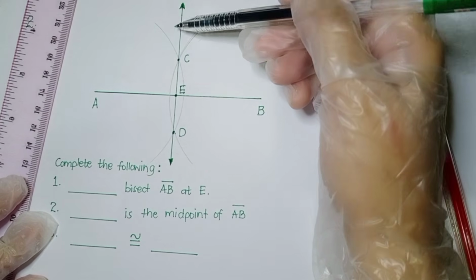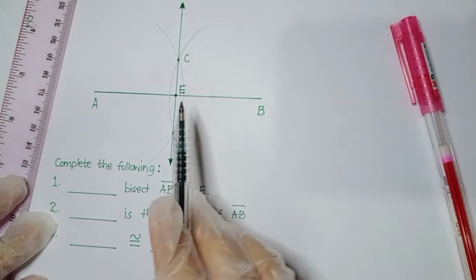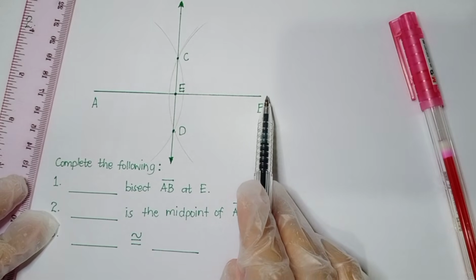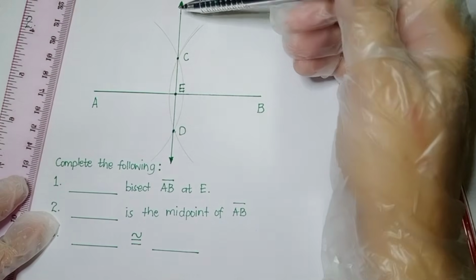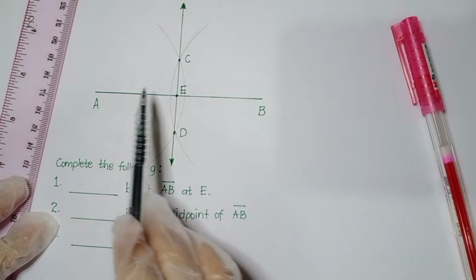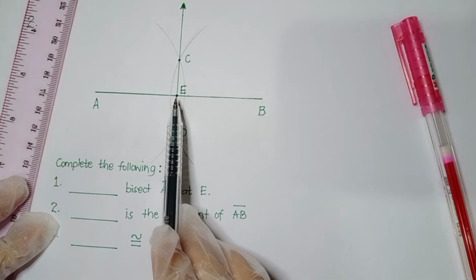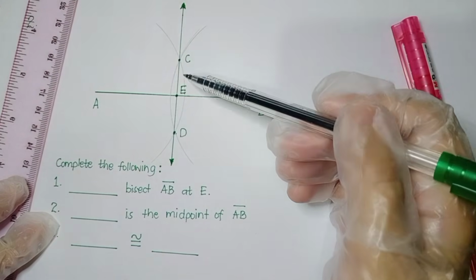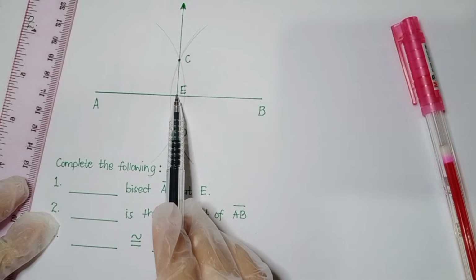Kasi po, yung line niya, nag-touch siya doon sa midpoint ng segment. Okay? So, kapag ang line ninyo ay tumama doon sa midpoint ng segment mo, hindi lang siya basta perpendicular. Hindi lang siya basta line na perpendicular doon sa segment. It is now perpendicular bisector.